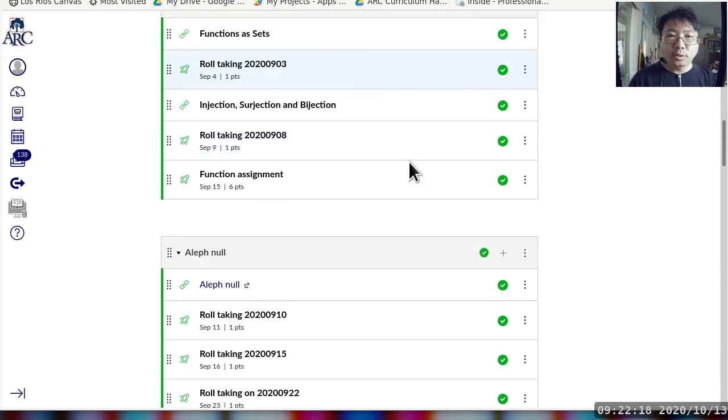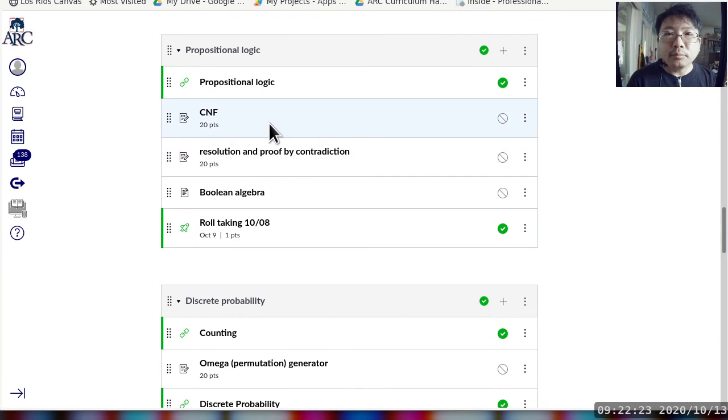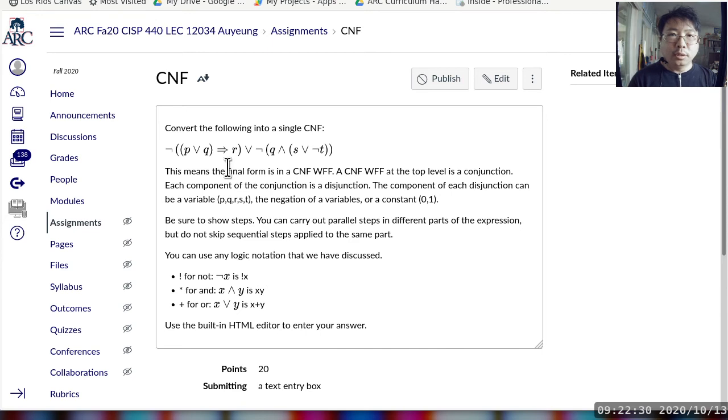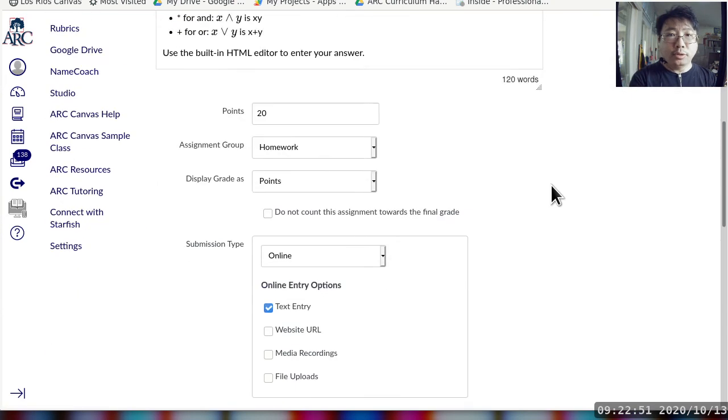So let's go to the homework. This is the homework assignment, CNF. What you have to work with is this one here. This is a legitimate Boolean expression, but I want you to convert it into CNF, conjunctive normal form. Let me go here and release the assignment, so you will have a chance to practice.